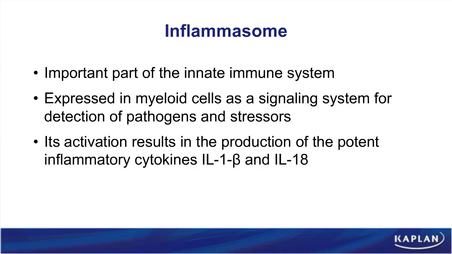And this is going to be activated when we have the presence of certain pathogens or environmental stressors. And the inflammasome is part of how we generate the inflammatory cytokines, our IL-1 beta, which we know is one of our endogenous pyrogens, and also IL-18.